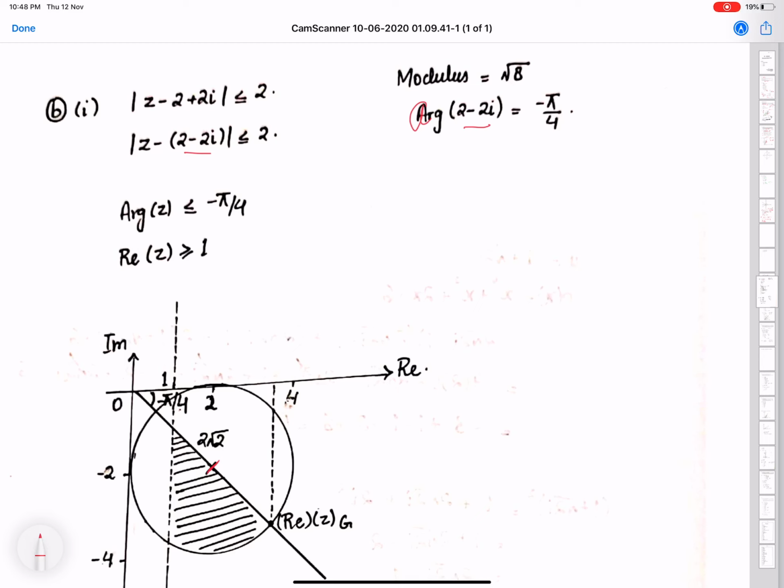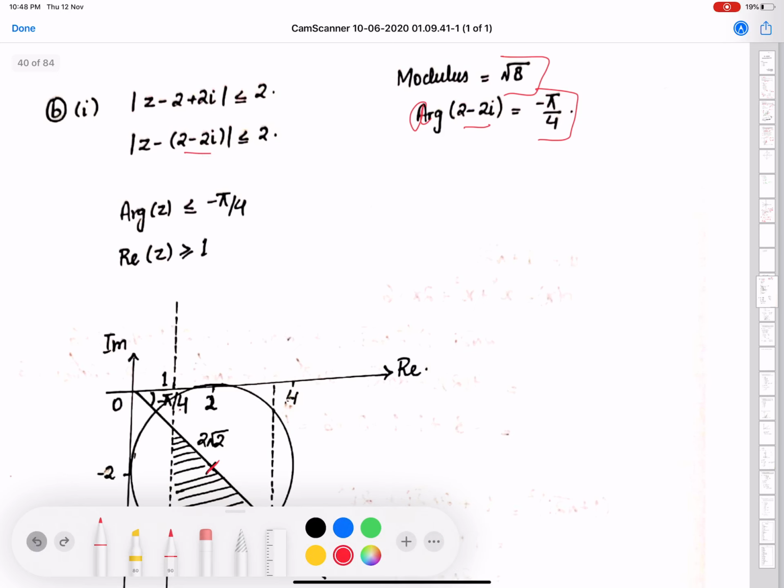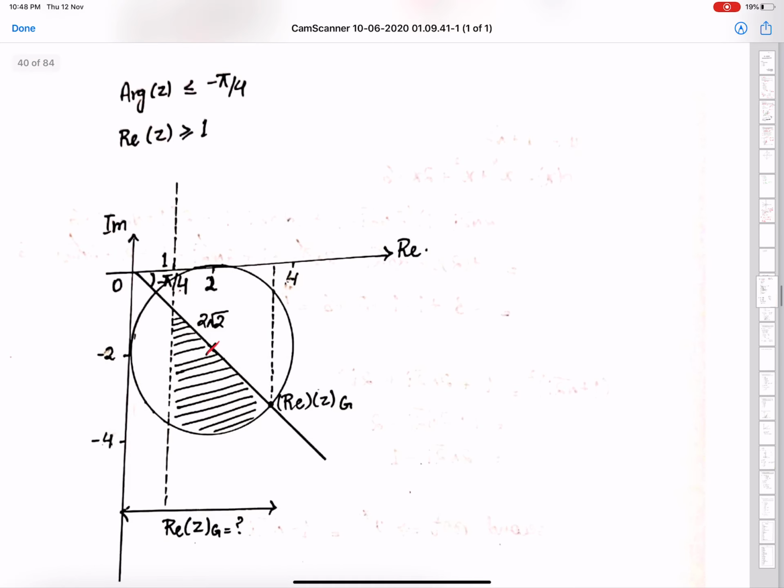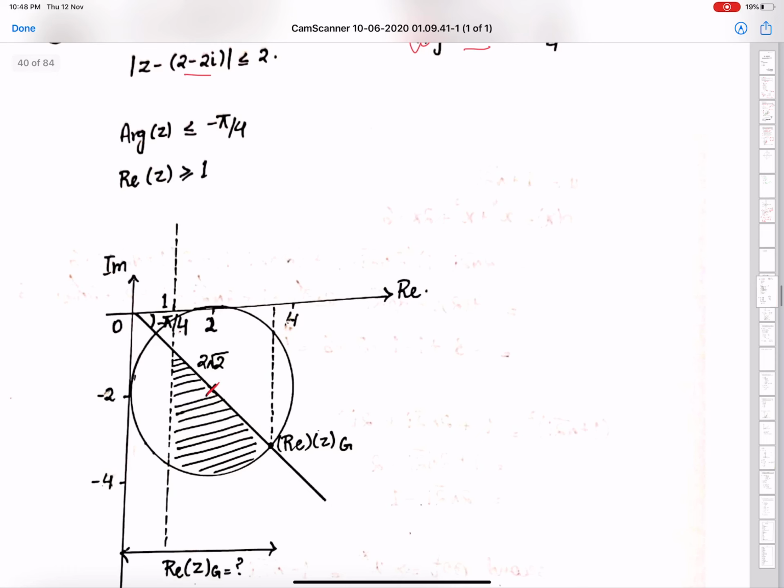Let me check this. Argument is minus pi by 4 and modulus is under root 8. The argument of center is minus pi by 4 and the modulus of center is under root 8. This will help you to solve the last part. This is x greater equal to 1 and this is argument less than minus pi by 4.